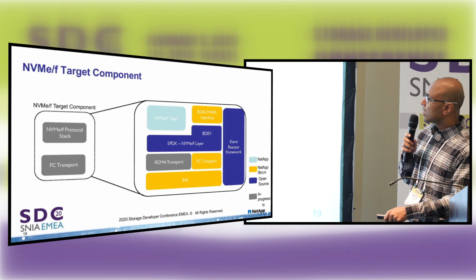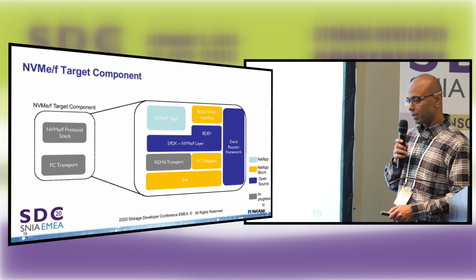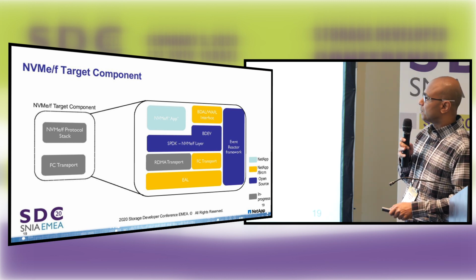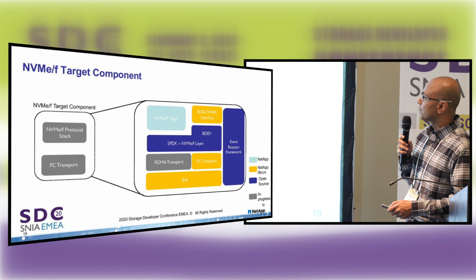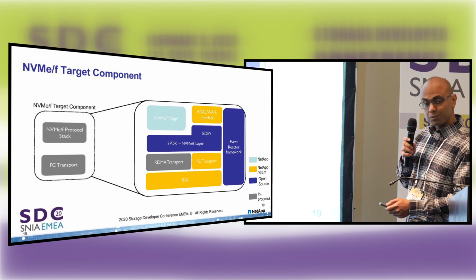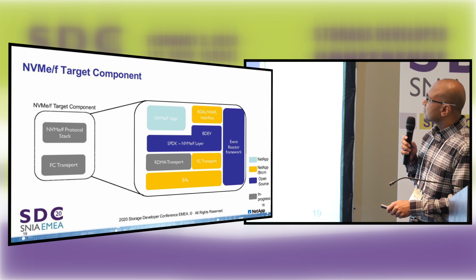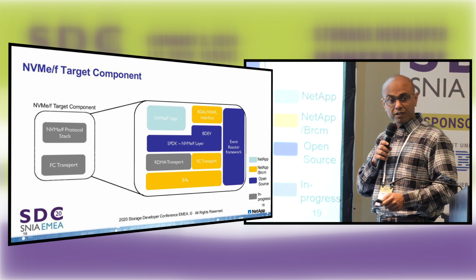So when I look at that NVMeoF target component, I could blow it up a little bit more from the previous picture. We can see how it maps to all the SPDK components in here. There's an event reactor framework which comes from SPDK. We use the same thing.